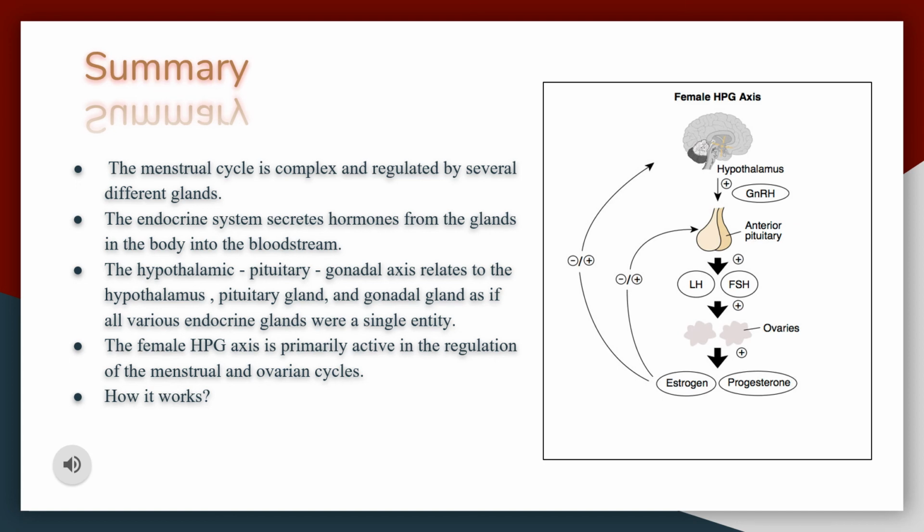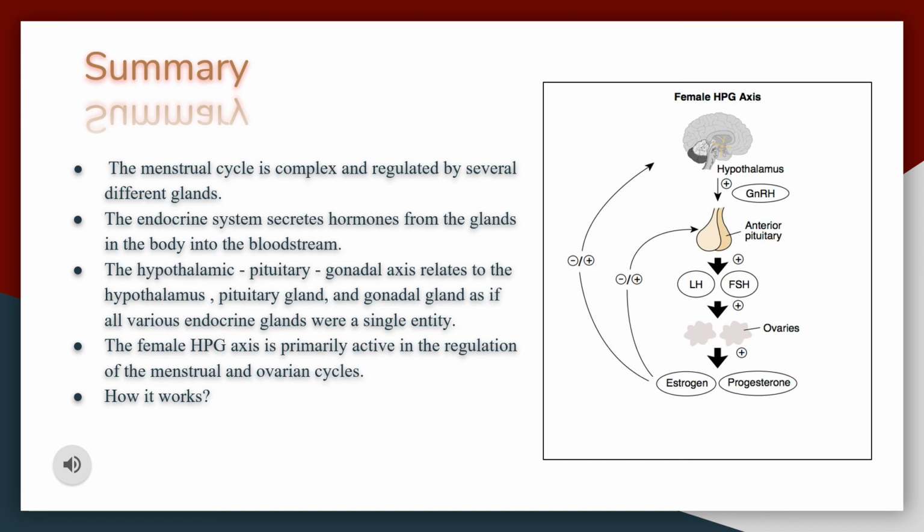So how does it work? The hypothalamus secretes gonadotropin releasing hormone, which triggers the anterior pituitary gland to secrete luteinizing hormone and follicle stimulating hormone. Luteinizing hormone and follicle stimulating hormone signal the production of estrogen and inhibin by the ovaries.